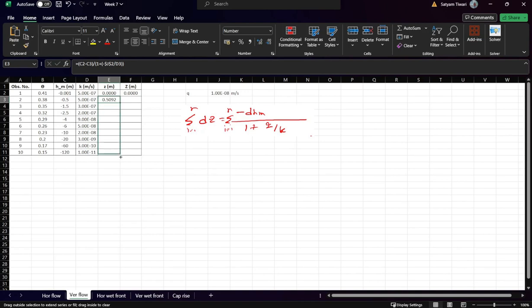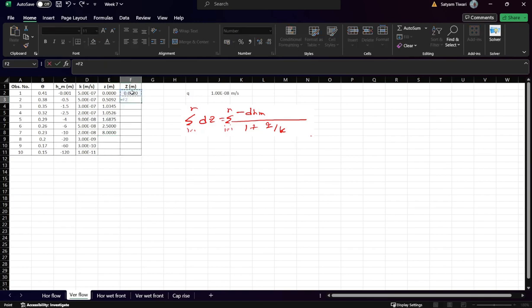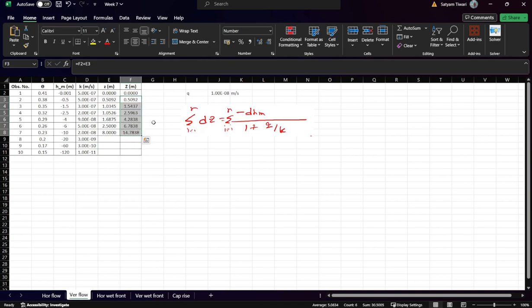If we copy this formula from here to here, then we'll observe these values, and the Z cannot be negative, so we'll exclude these values. Here we'll add this plus this, and we'll go further and we can obtain the values of capital Z. These values we need not calculate, as the Z is coming negative.